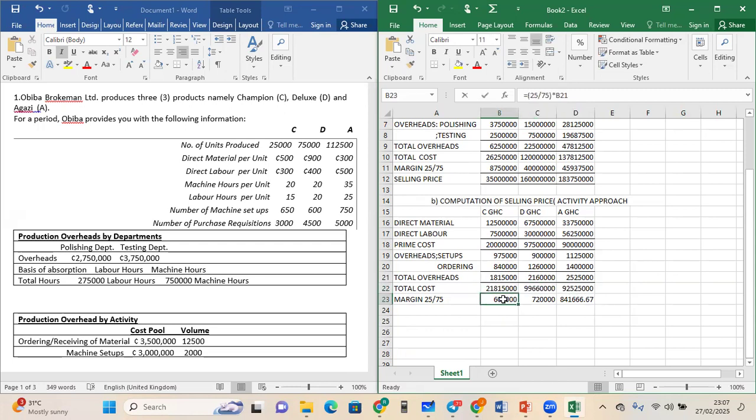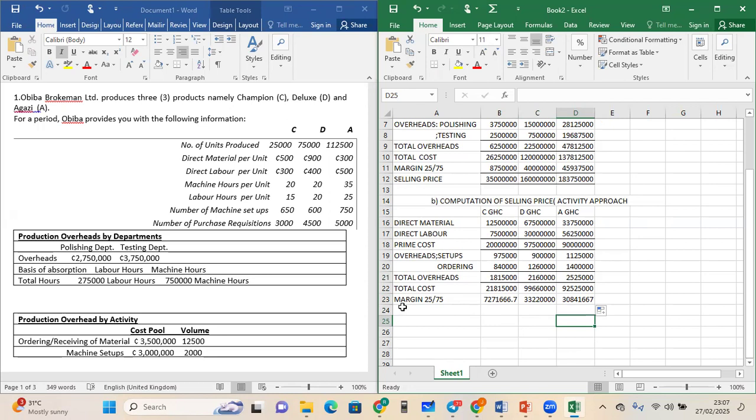So let me change this. The margin is normally calculated on the prime cost. So this is the margin.